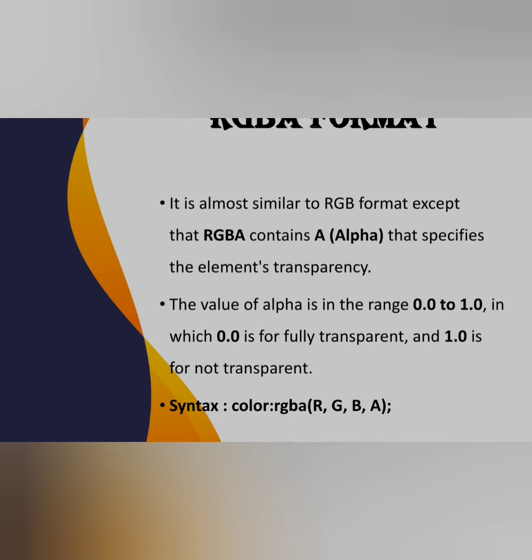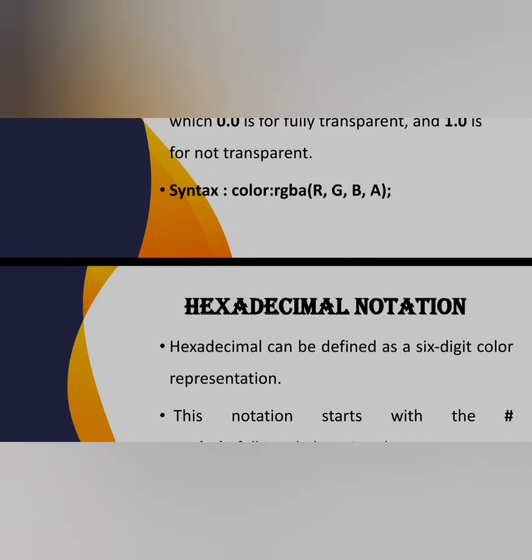RGBA format. It is almost similar to the RGB format, except that RGBA contains an alpha that specifies the element's transparency. The value of the alpha is in the range 0.0 to 1.0, in which 0.0 is fully transparent and 1.0 is not transparent.